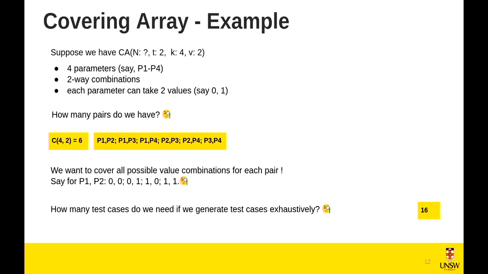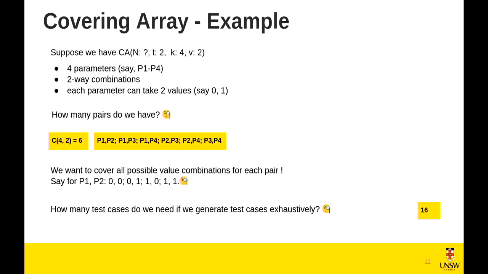So if we have this one here, we don't need 4 times 6, because with just 1 test case, we can already cover many pairs. So that's why it's 16 if we exhaustively try out every combination.